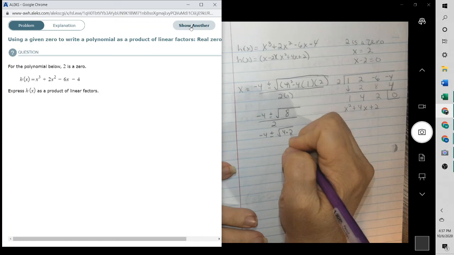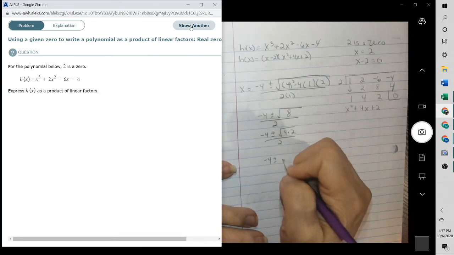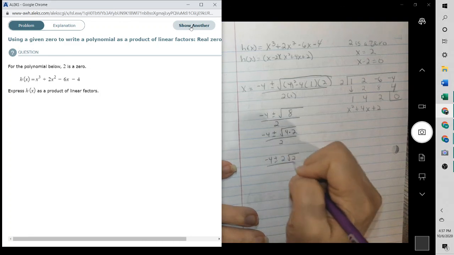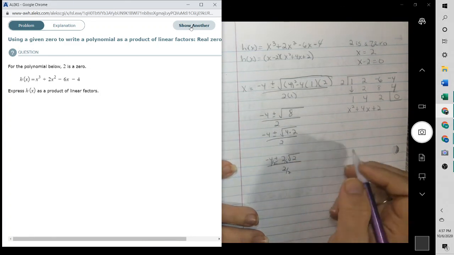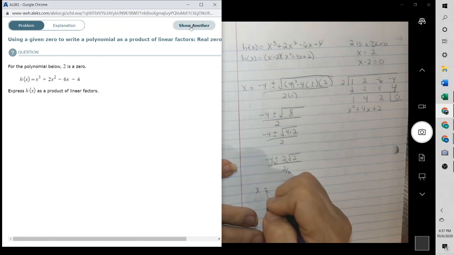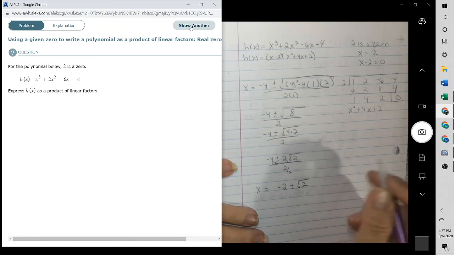It's 4 times 2. So we have -4 plus or minus 2 radical 2 over 2, which again, these will all divide by 2. So we have x equals -2 plus or minus the square root of 2.